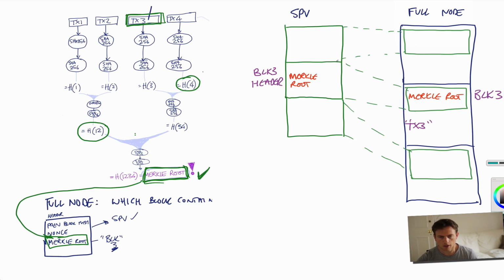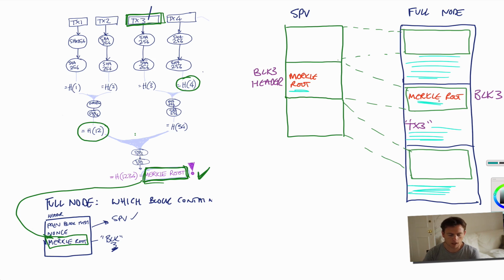So I've just illustrated it over here, hopefully a little bit better. Here you've got the full blockchain with all of the individual transactions in each block. This is block 3, so it includes transaction 3. Those same block headers are actually on the SPV as well, so they both have reference to this.